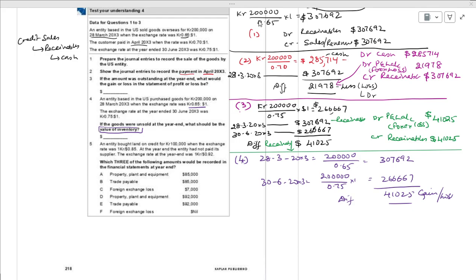Which value do we have to take? 30th June. 266,667, right? Good. Is it okay, Hussein? This is the value of inventory.